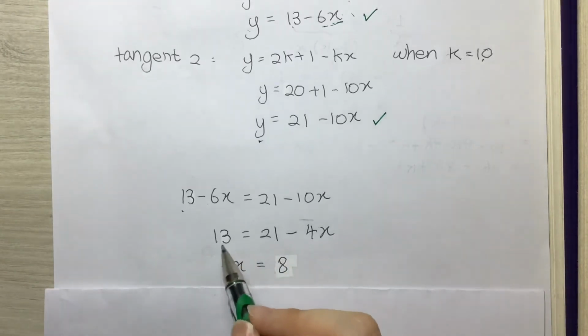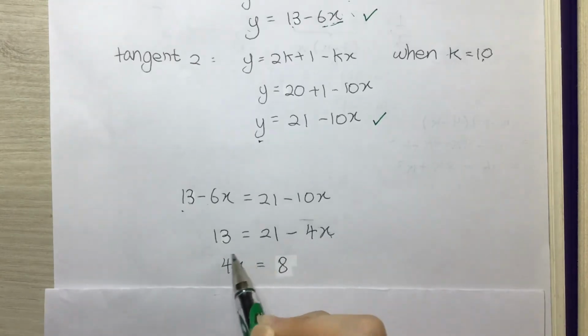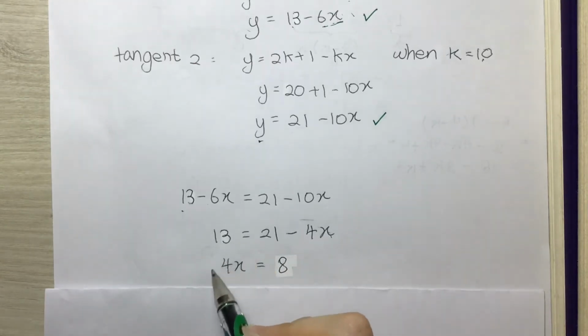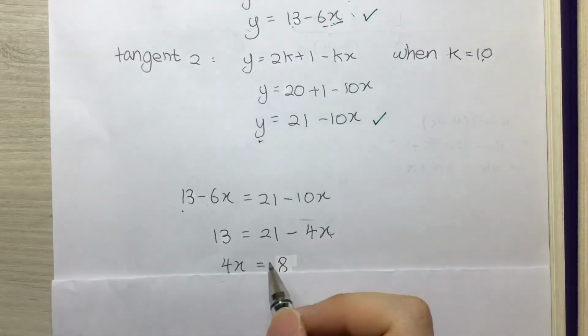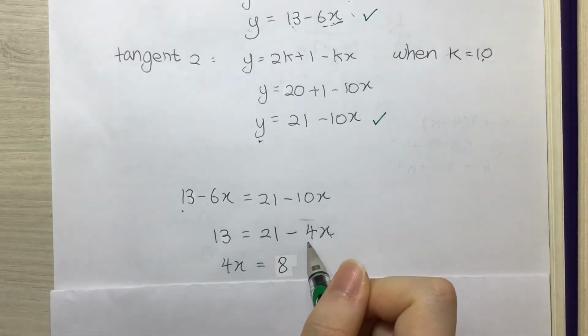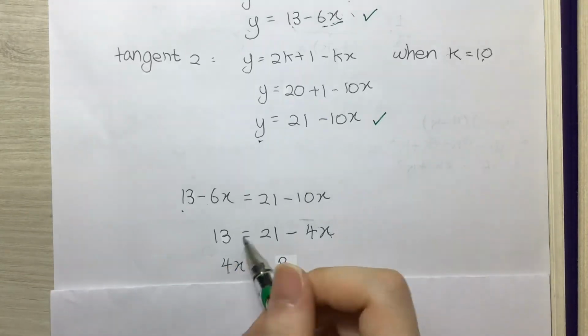And when you move the negative 4x back to the other side, because we want to get a positive factor in front of the x as much as possible, it will help us find the answer easier.